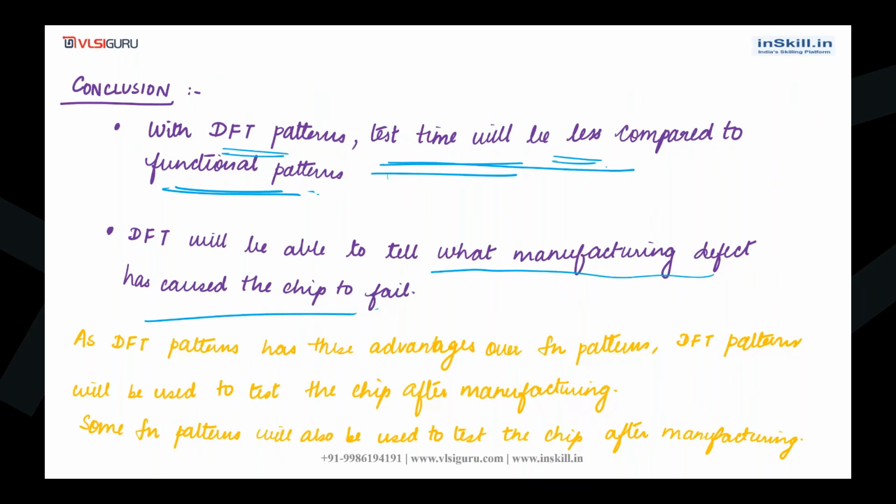DFT team can tell that the chip is failing, and we can also tell what manufacturing defect has caused the chip to fail. So these two are the advantages of DFT patterns over functional patterns: test time will be less, and we will be able to tell what manufacturing defect has caused the chip to fail.